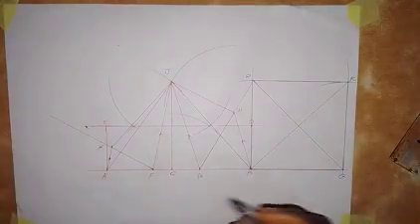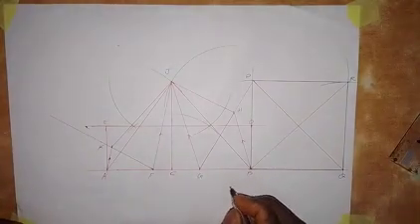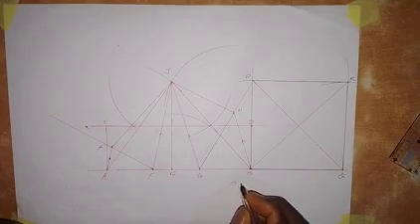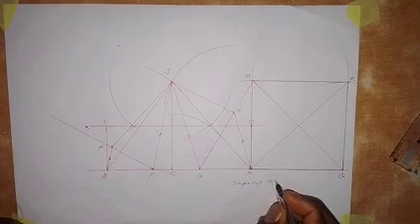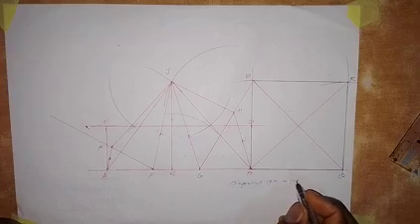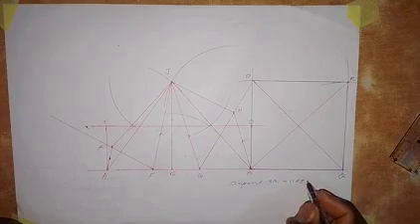So I will say diagonal BR is equal to 115, plus or minus 1.